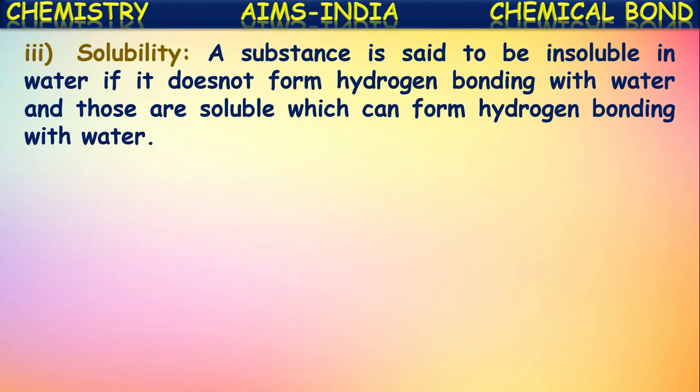For example, generally we say polar substances are soluble in water, non-polar substances are insoluble in water. But there are some substances which are non-polar in nature but soluble in water.